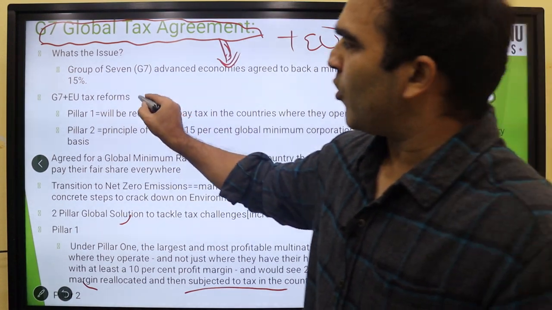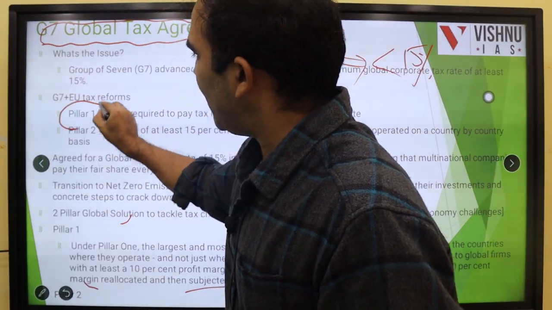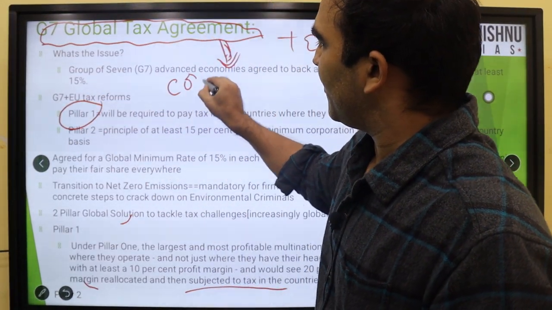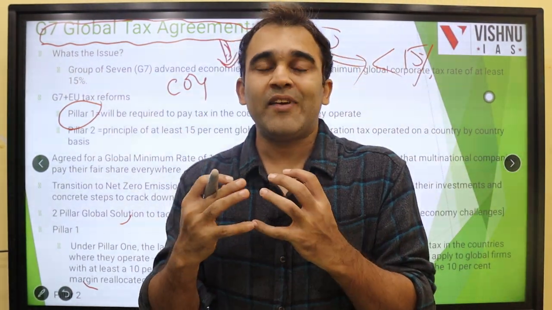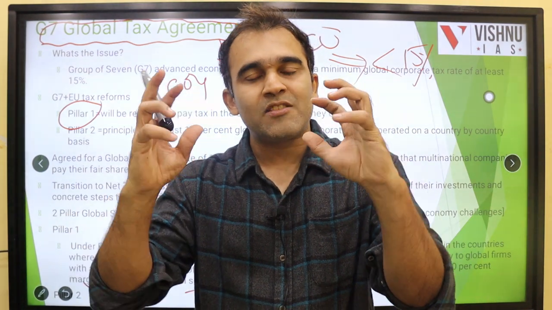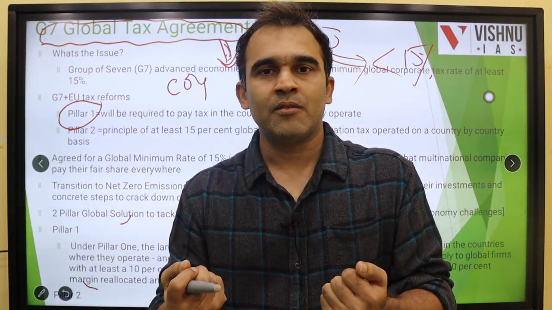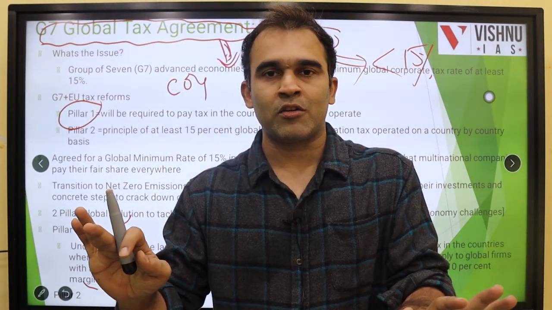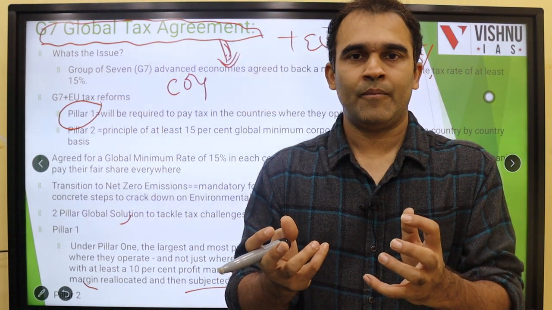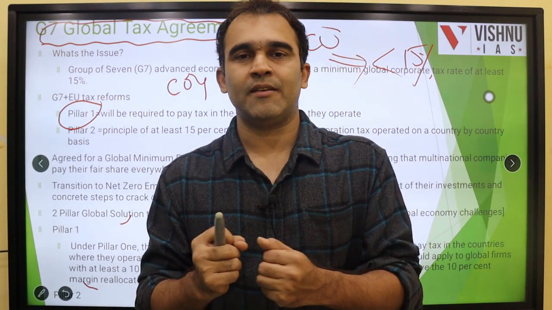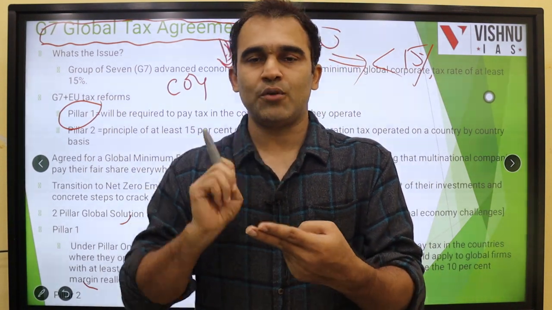So there are two pillars. What are the two pillars? The two pillars which are really affecting the global taxation regulations. Currently, the global economy is facing two issues.